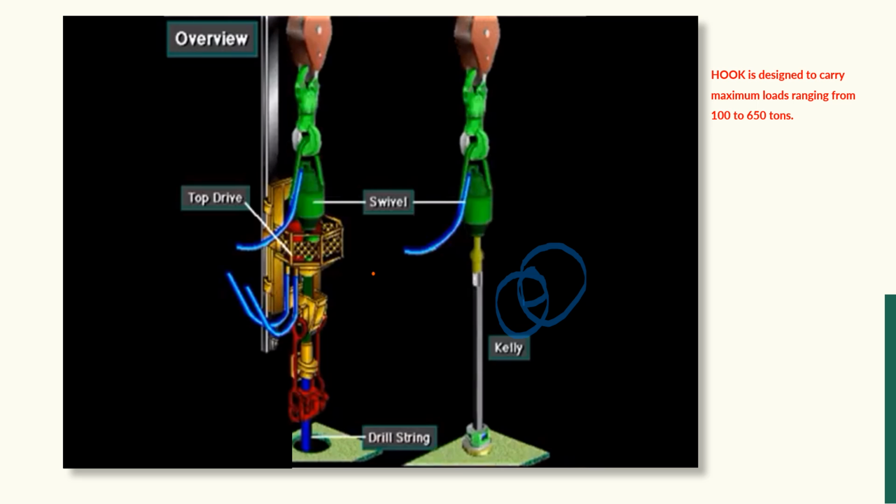That is another topic we will see in the next chapter. So if it is a rotary table and Kelly drive rig, the Kelly will be hung below the swivel. If it is a TDS top drive rig, then the TDS will be hung below the swivel.